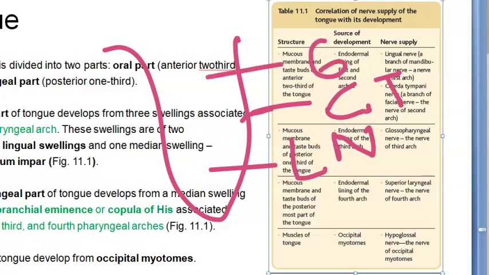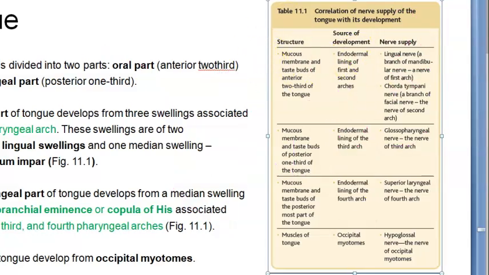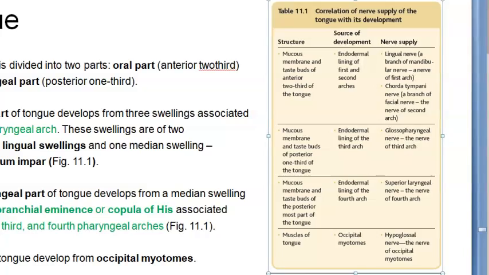Then you have the glossopharyngeal nerve, which is the nerve of the third arch. So the lingual nerve is from the first arch, the chorda tympani is from the second arch, and the glossopharyngeal is from the third arch. From the fourth arch there is also one nerve, the superior laryngeal nerve. Wow, so many nerves for the tongue.